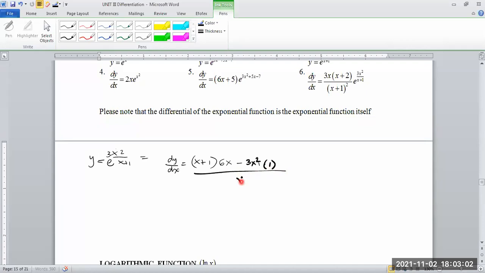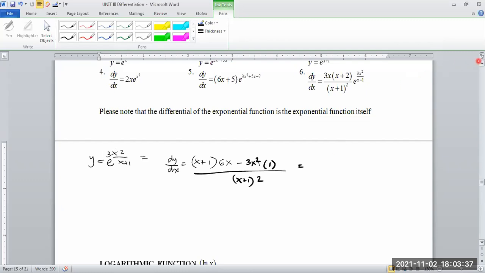So it's going to be x plus 1 all squared. This works out to be 6x times the denominator, x plus 1, times the differentiation of the numerator, 6x. 6x squared, sir. Say it again.